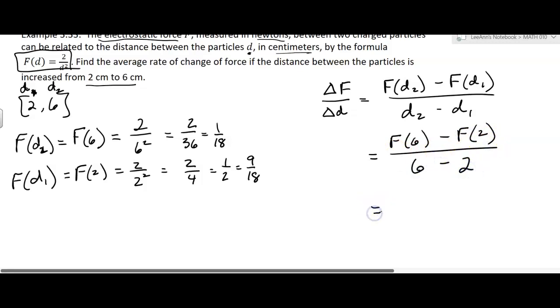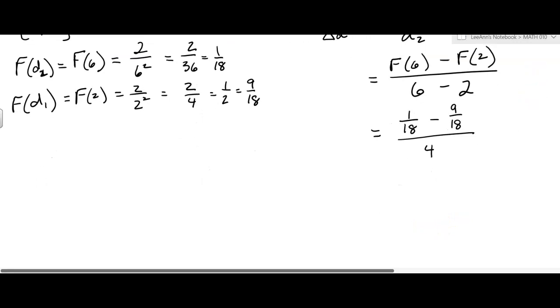So F of 6 was 1 over 18, and F of 2 was 9 over 18, and that was all over 4. So it looks like we're going to get negative 8 over 18 over 4 over 1.